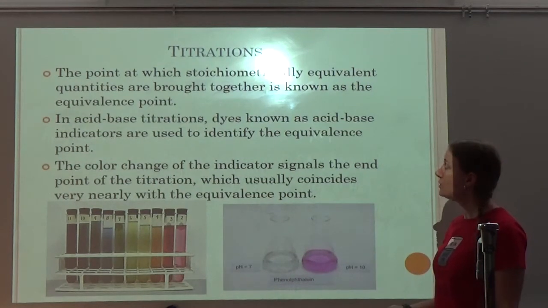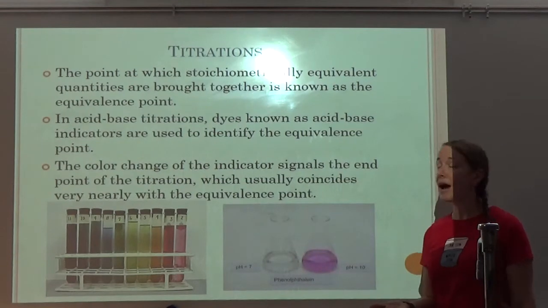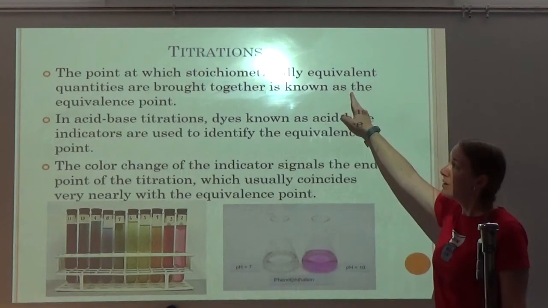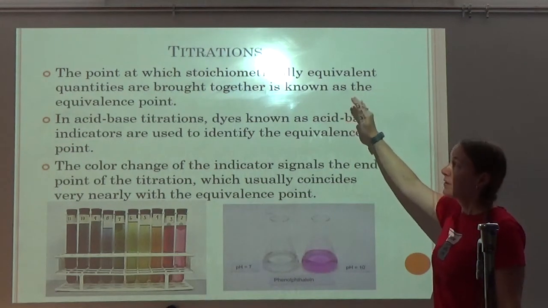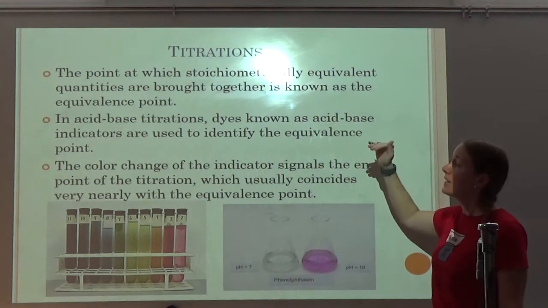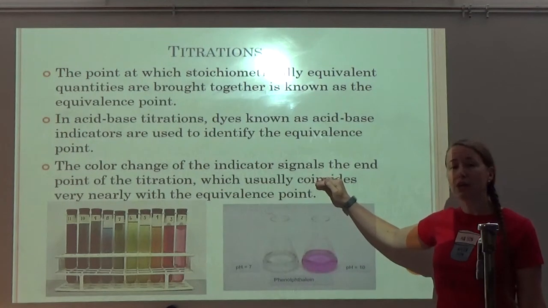The color change of the indicator signals the end point of the titration, which usually coincides very nearly with the equivalence point. The equivalence point happens when you've added stoichiometrically equal amounts of your acid and your base. The end point is when your indicator changes color.